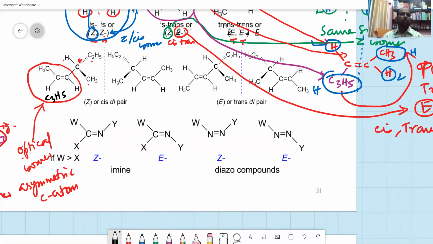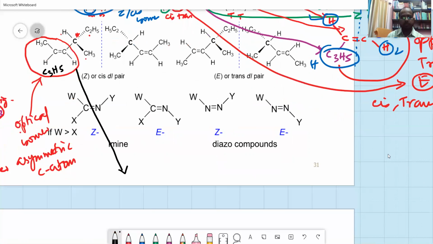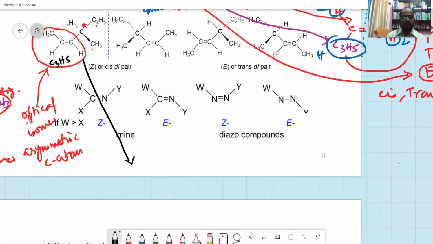So if you take up this particular molecule, I will draw this molecule here. C2H5 is backward, facing away from our camera, and then facing this way is the CH3.